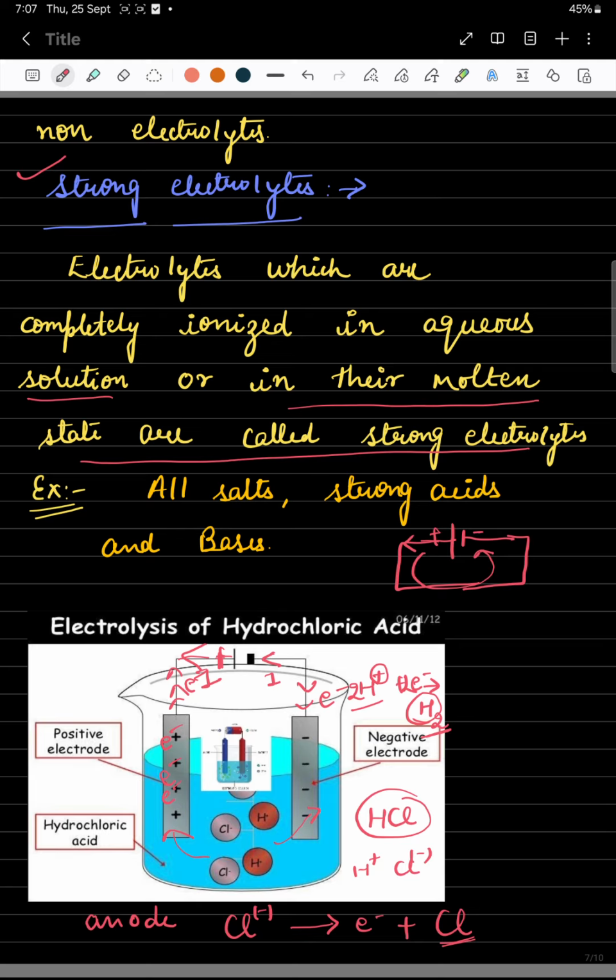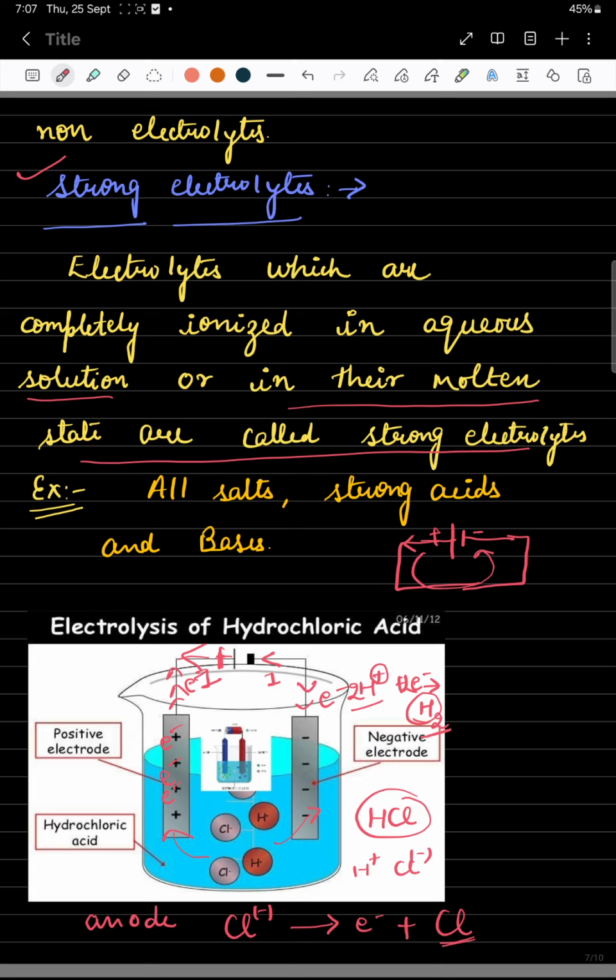They have a very good, very fast tendency to decompose into ion form. We can easily understand, like NaCl, HCl, NaOH, strong acids and bases. If you pass a very small amount of electricity, the complete quantity of that substance is easily divided into ion form. We can easily understand.